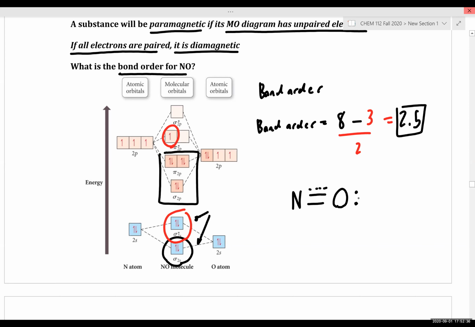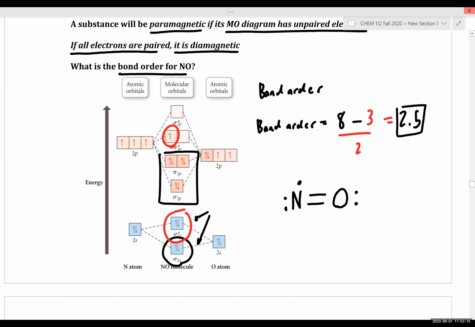Now, what's really interesting here is because we have one electron in our antibonding orbital, we have what's known as a radical, where rather than a pair of electrons being localized on our atoms, we instead have a single unpaired electron.